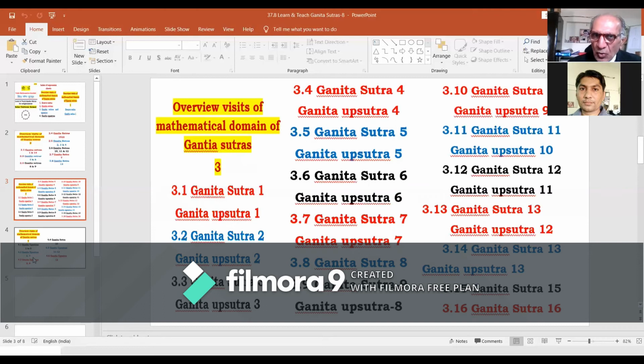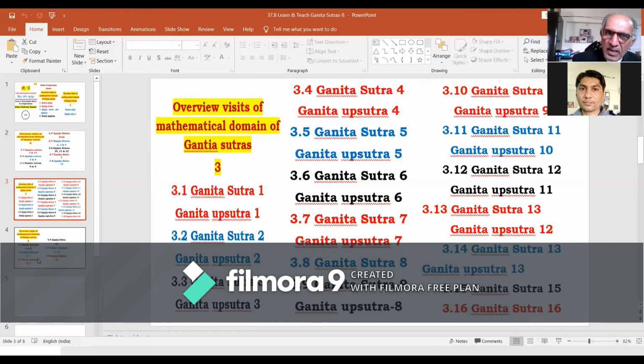This being so, the overview of the integrated mathematical domain of Ganita Sutras and Upsutras is of 16 phases, and these phases, for the first steps, are that Ganita Sutras 1 to 7 are having bridging in terms of Ganita Upsutras 1 to 7.